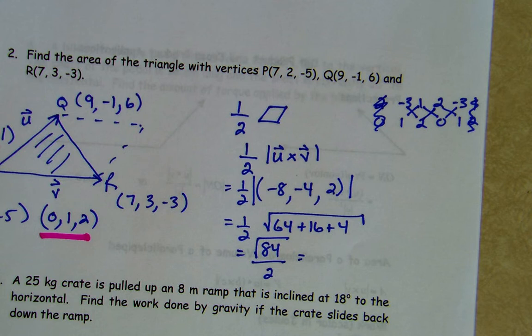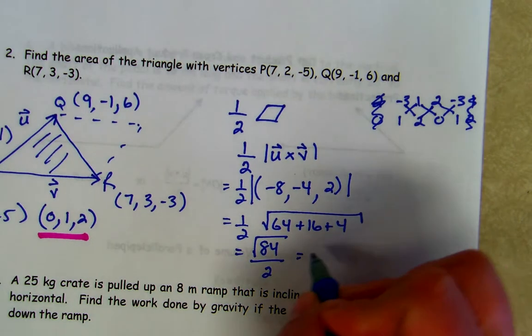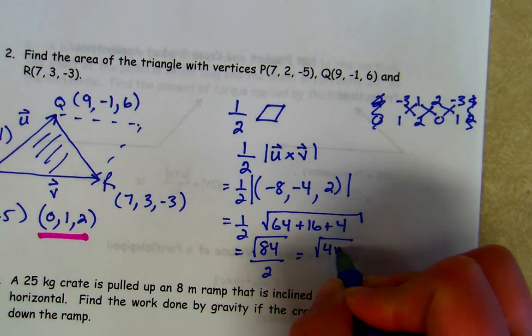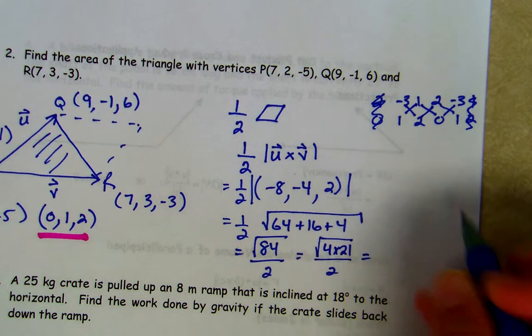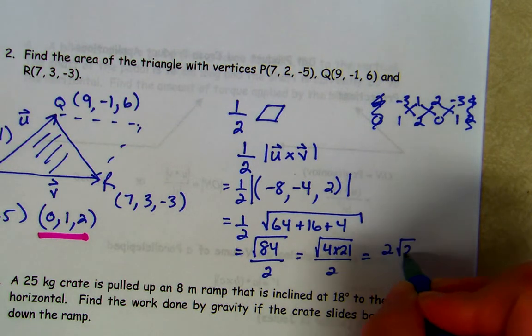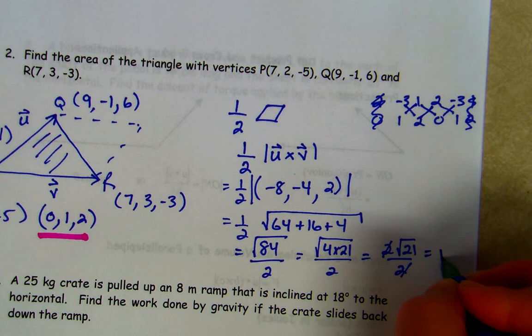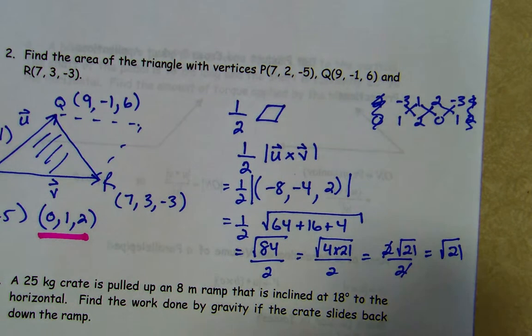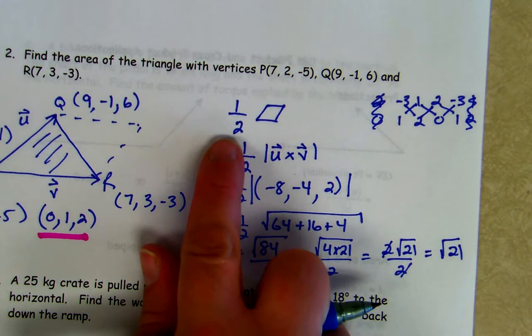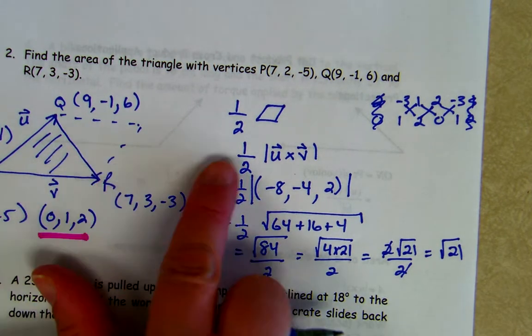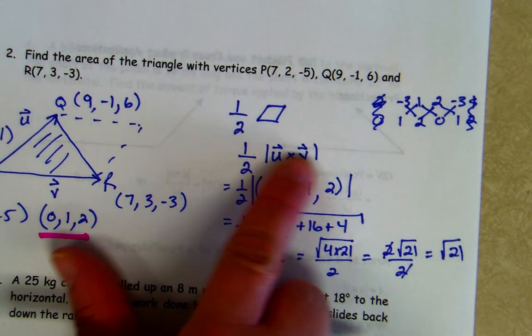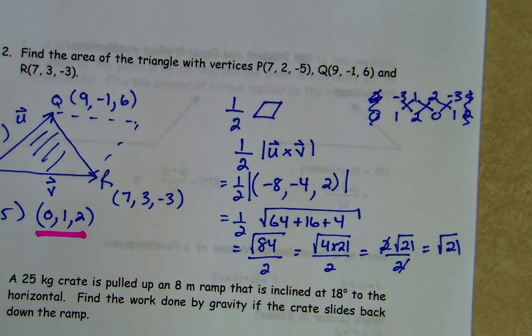No, but 4 does. 84 divided by 4 is 21. So that's root 4 times 21 over 2, which is 2 root 21 over 2, because the square root of 4 is 2. So the area of that triangle is root 21. If I was looking for the whole parallelogram, I would drop the 1/2 and just use the magnitude of U cross V.